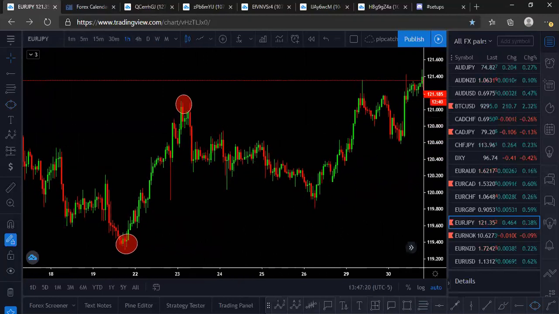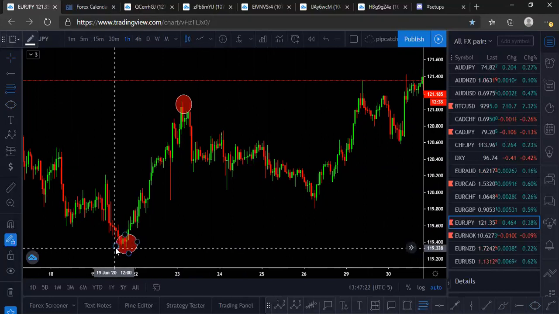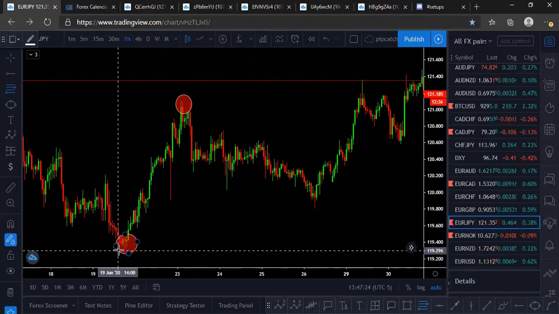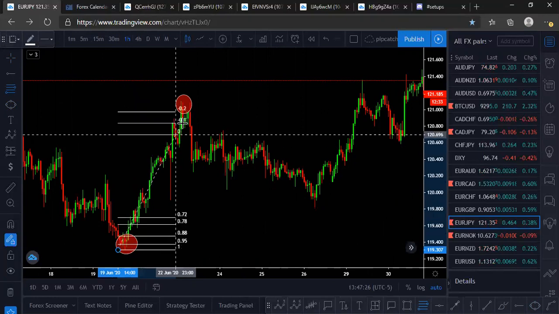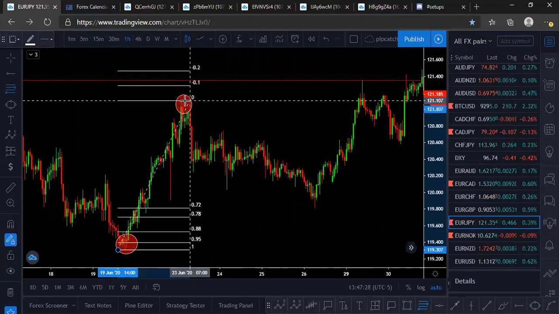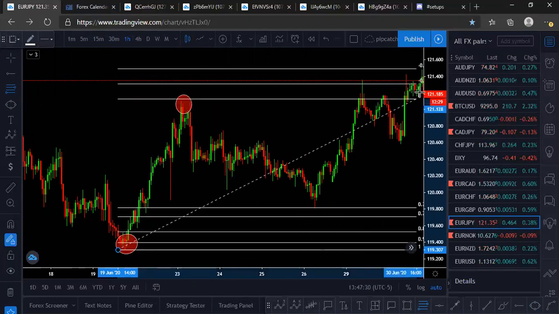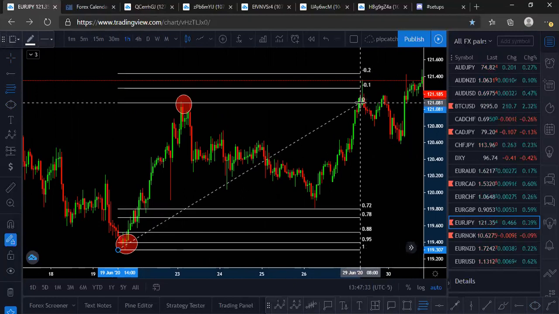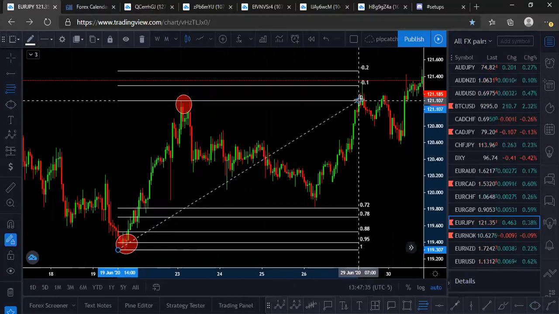So we would take our fibs from this swing low up to this swing high, and place the fib at the top there.